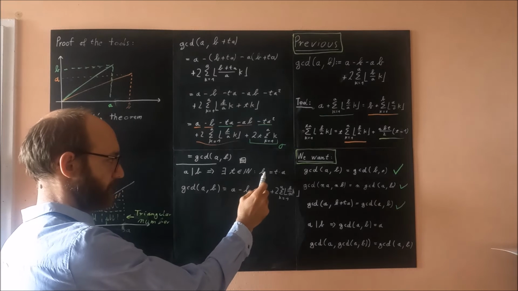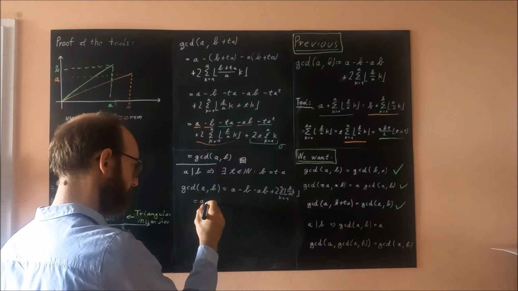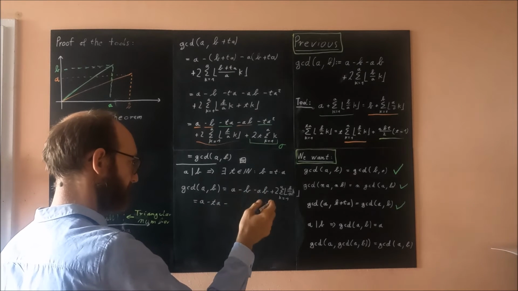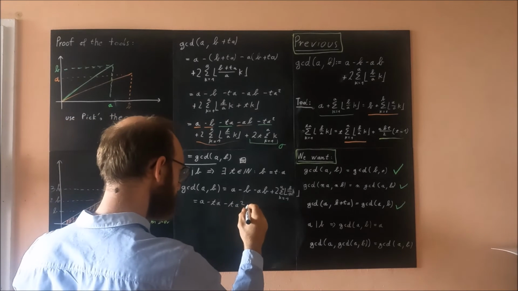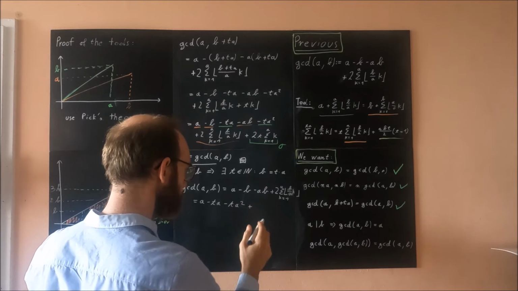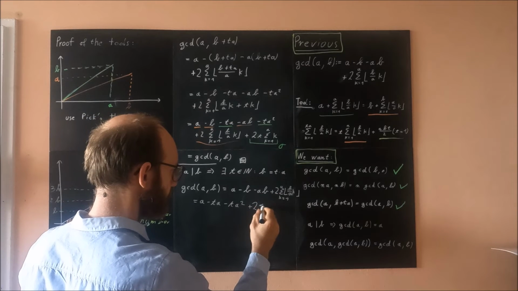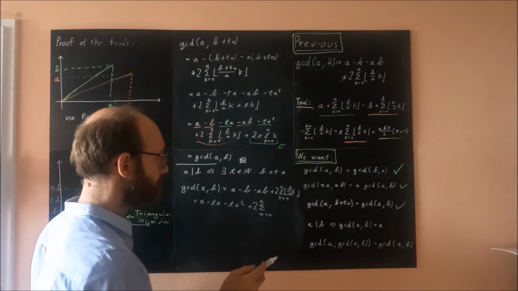Now we can plug in t times a for b. So we have a minus ta minus a times ta minus ta squared plus 2 times the sum where k runs from 1 to a of the floor of b over a times k.